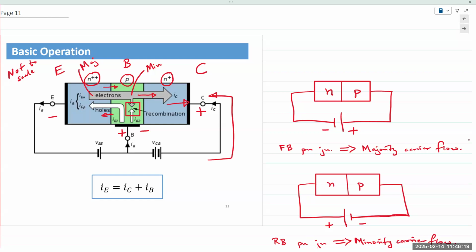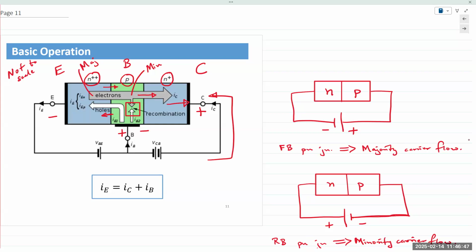Hence, no matter how much voltage we apply, the base current will always tend to be very small because of the very light doping. There aren't enough charge carriers present. It'd be like applying an electric field to a piece of wood. You can apply a huge amount of voltage, but current's not going to flow.